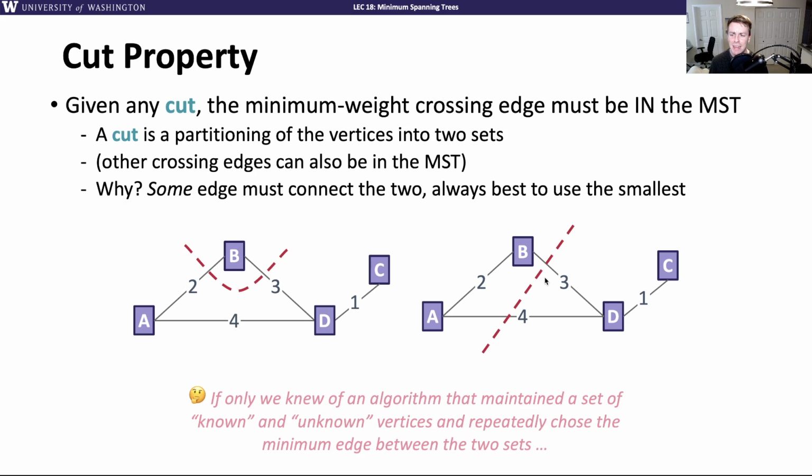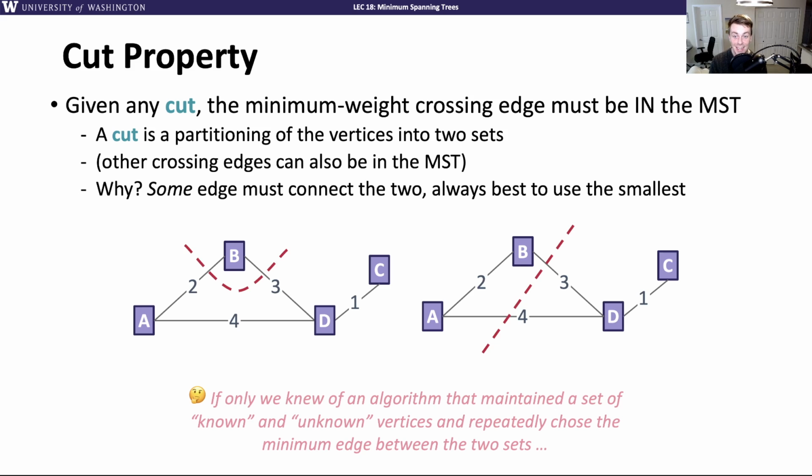So we need an algorithm that maintains a set of known vertices and unknown vertices and repeatedly chooses the closest node to move from the unknown set to the known set. That sounds kind of like Dijkstra's, doesn't it?